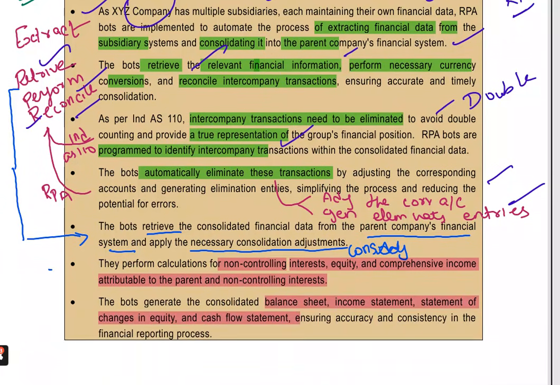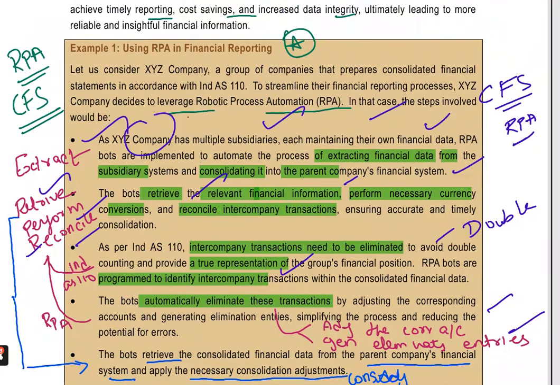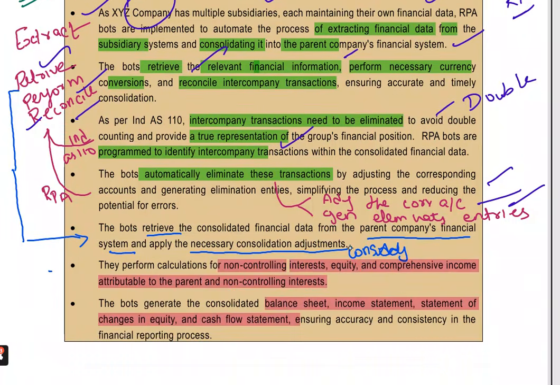Now what is the bot going to do? The bot is going to retrieve the parent's financial data. Till here we were talking about the subsidiaries' books; now we are talking about the parent's book. Now we retrieve the parent data and apply all the consolidation adjustments. Done.